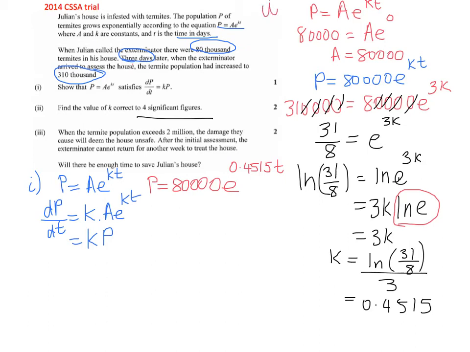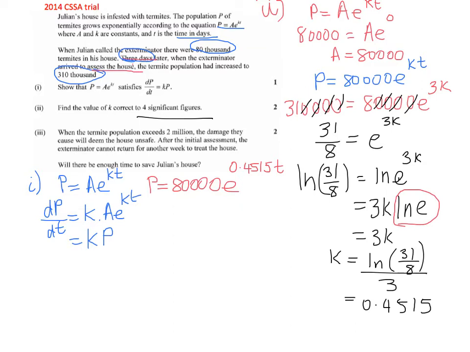Let's have a look at part 3 now. When the termite population exceeds 2 million, the damage they cause will deem the house unsafe. After the initial assessment, the exterminator cannot return for another week to treat the house. Will there be enough time to save Julian's house? The initial assessment, remember, is when t equals 3.